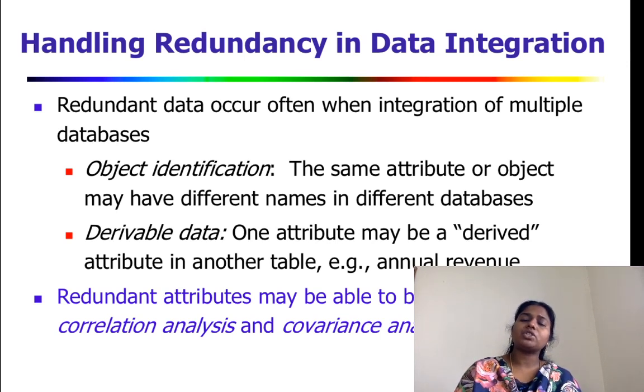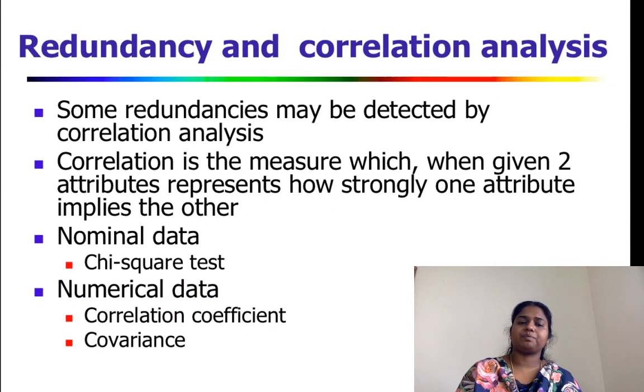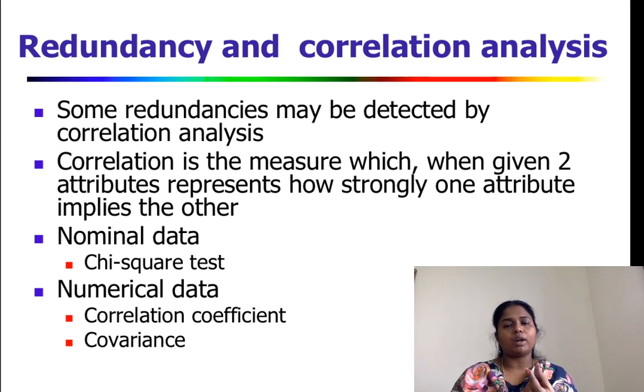What is correlation in the first place? Correlation is the measure which explains how two different attributes are strongly connected to each other. Or I can say, if I know the value of one attribute, is it possible for me to find out the value of the other attribute?